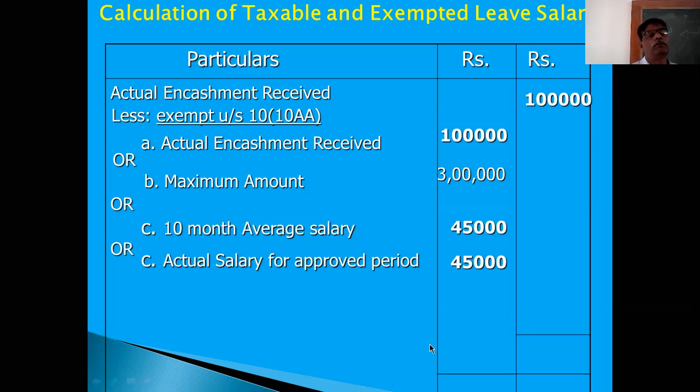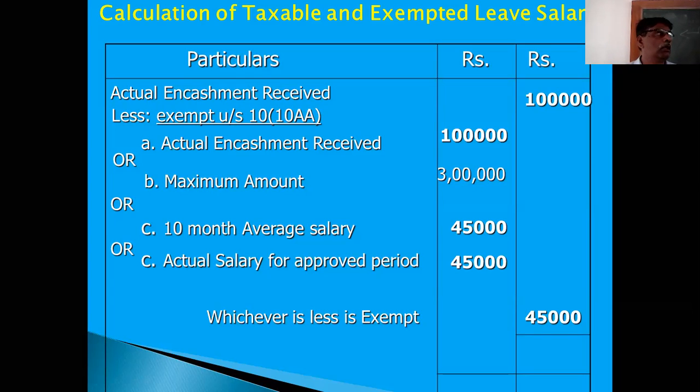Then the least of these 4 items is exempt. Whichever is less is exempt, you take to the outer column: 45,000.